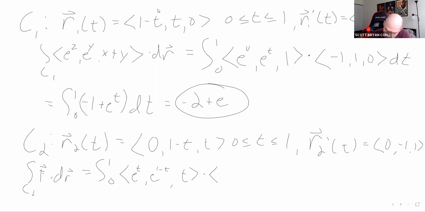So we dot that with 0, negative 1, 1, and we get the integral from 0 to 1 of t minus e to the 1 minus t. And when we do that, we get 3/2 minus e.